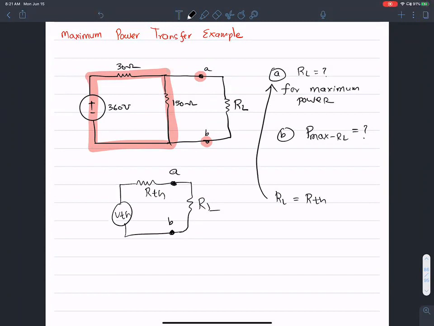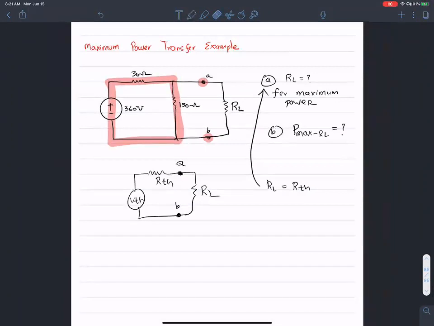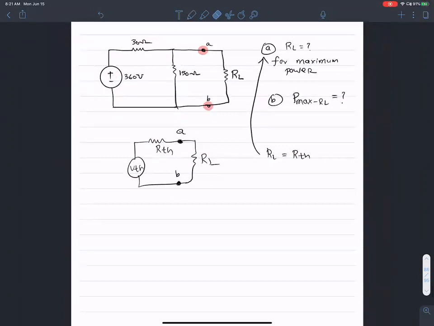So what I'm going to do is to calculate the Thevenin equivalent of this circuit.